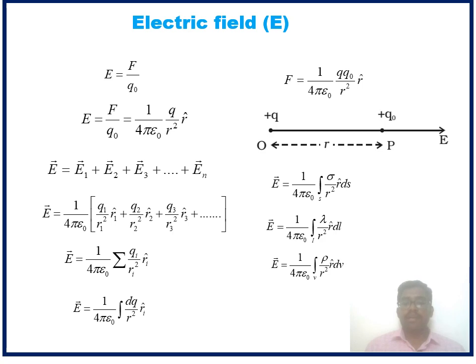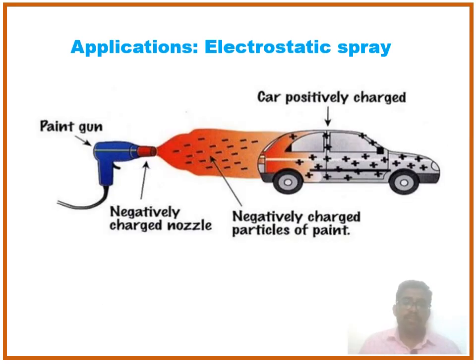Similarly, we can write the electric field in terms of volume charge density as well as line charge density lambda. So far we have seen the force created by two charged particles as well as the field created by the charges, E equals F by Q naught.